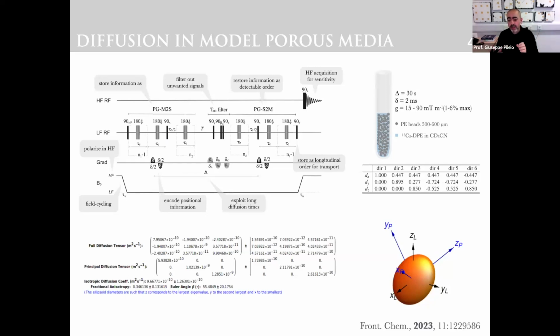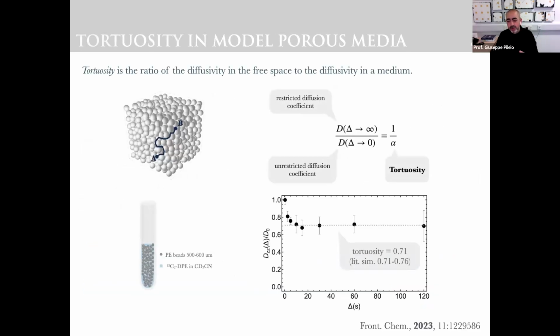We reconstruct the ellipsoid of that molecule moving across the pores of this simple sample of packed beads. And again, you can measure tortuosity, and again we retrieve the value which is at the limit of what is said to be calculable with theory in the literature.